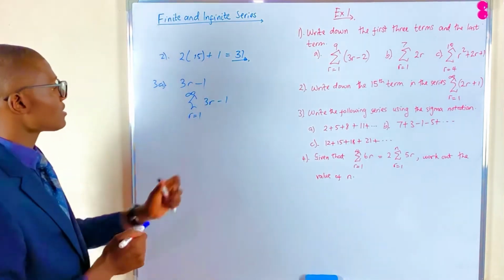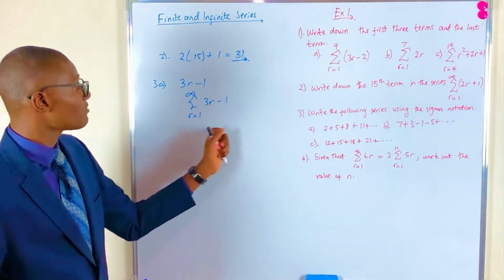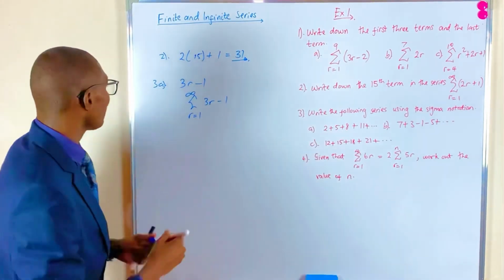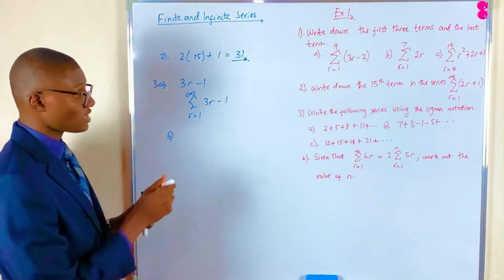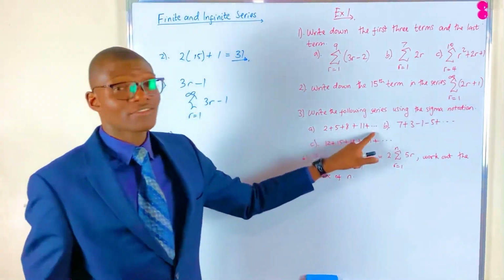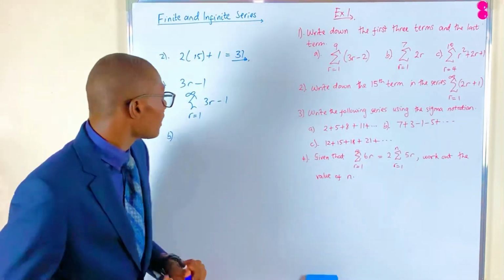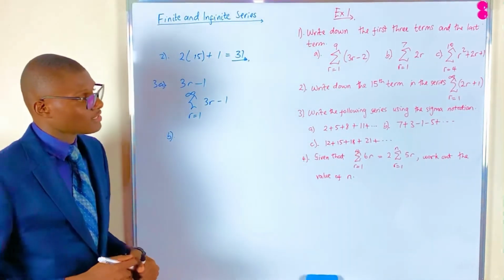This would be the sigma notation for part A. And we're saying up to infinity because this is an infinite series, and all of these three are infinite series.